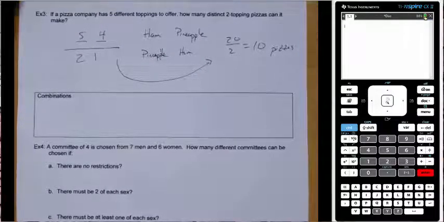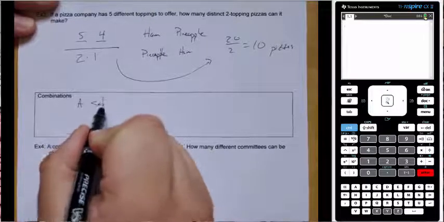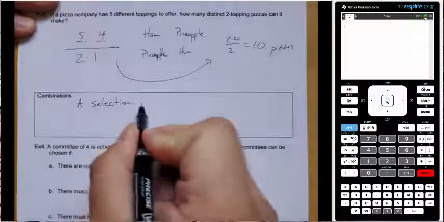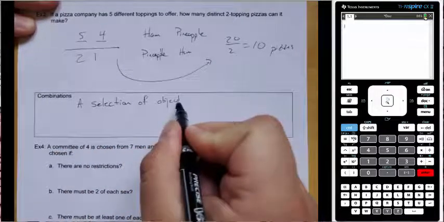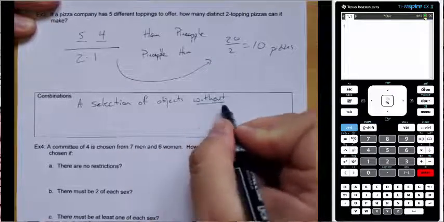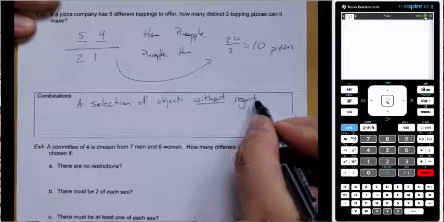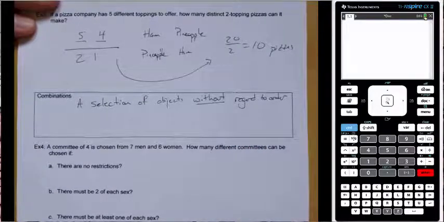So we say that a combination is a selection of objects without regard to order. All we're looking for is how many ways we can get these things into a group.